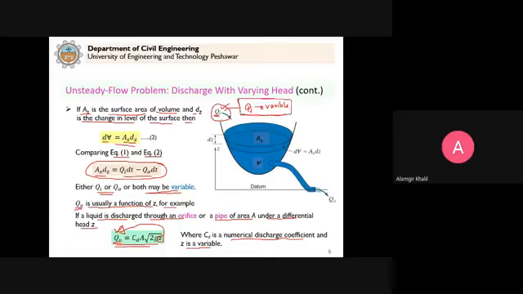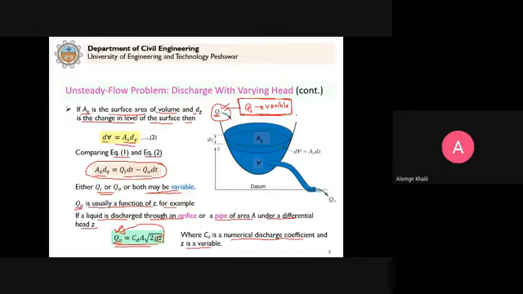If you are interested in a case where the inflow discharge is also variable, you can study a book, for example, Hydraulics and Fluid Mechanics by E.H. Leavitt, which is a British book, and a hard copy is available in our library in the civil engineering department.